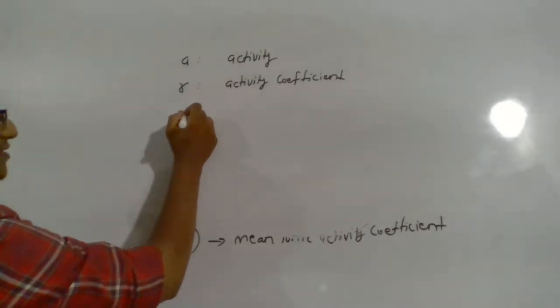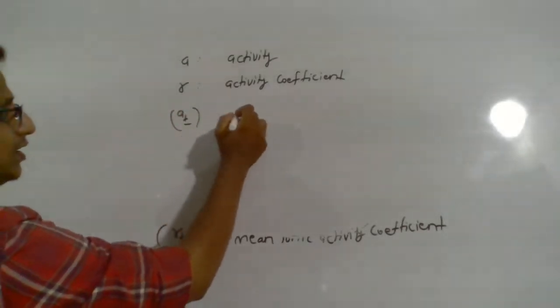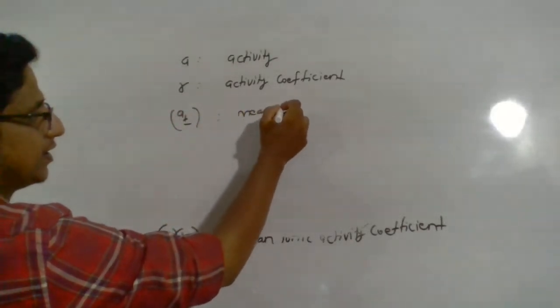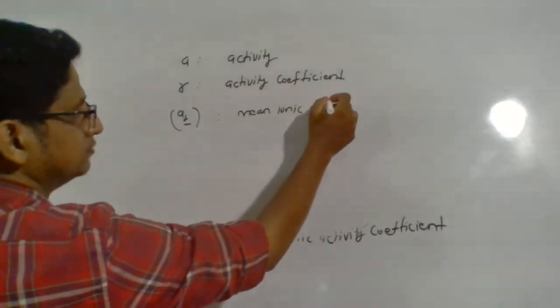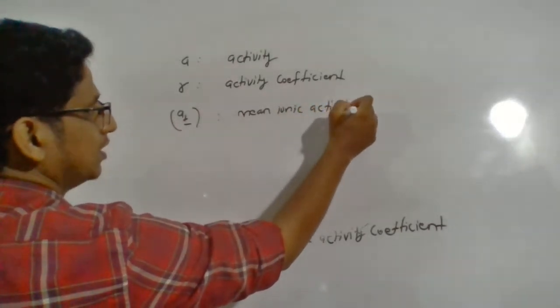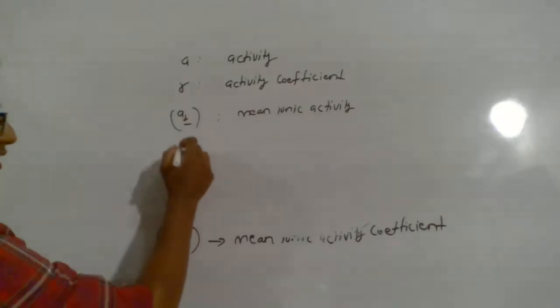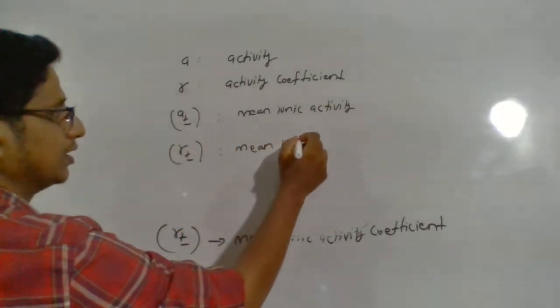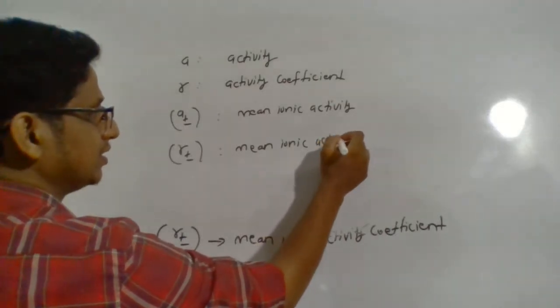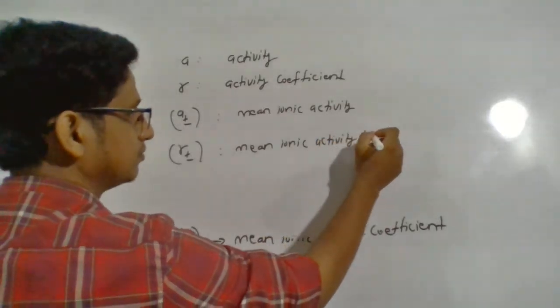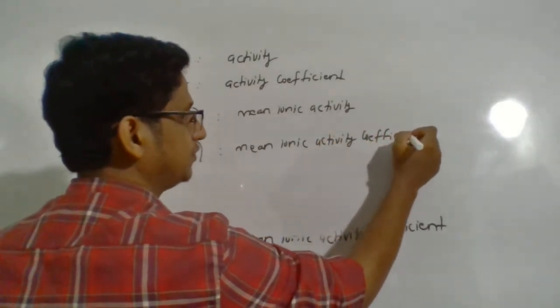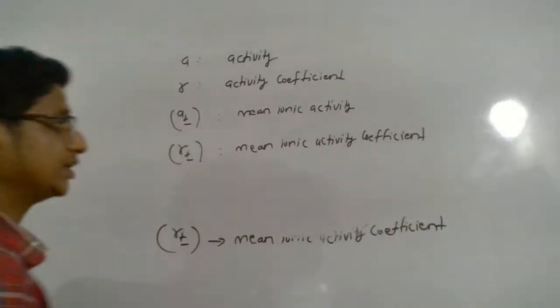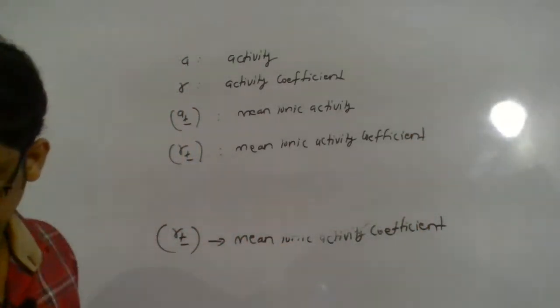And a plus or minus, that we will call mean ionic activity, and gamma plus or minus, that we will call mean ionic activity coefficient. So these are the 4 terms that we introduced today, related to activity.